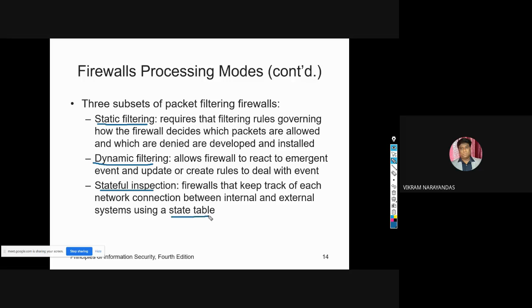They record the context of each packet by recording which station sent what packet and when the packet was sent. Stateful firewalls can block incoming packets that are not responses to internal requests.